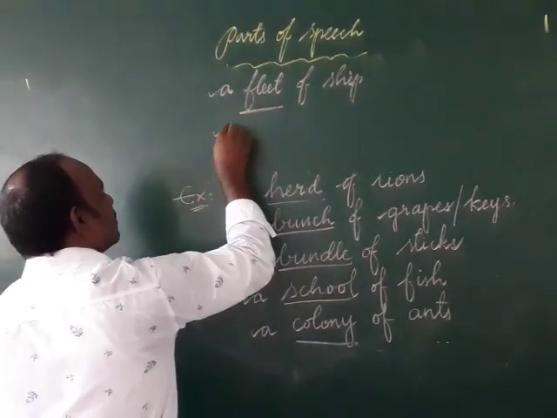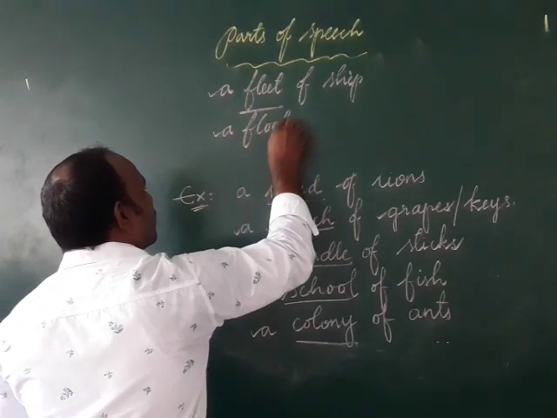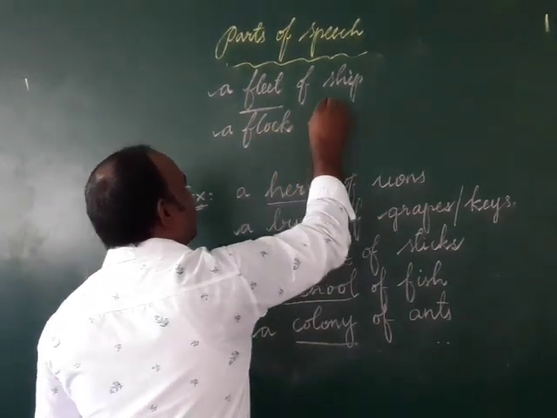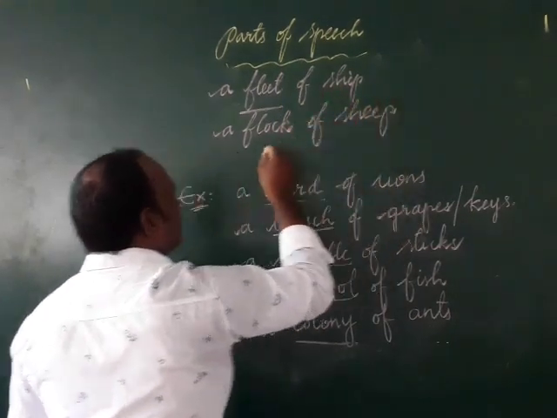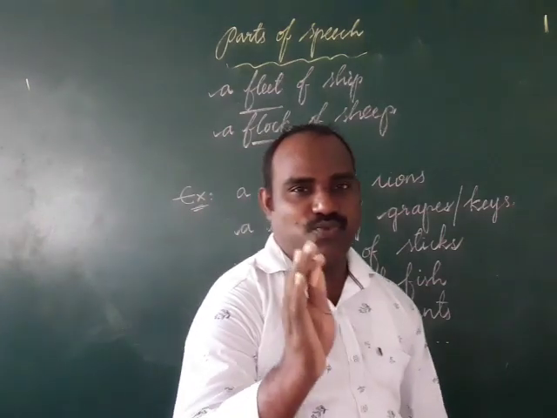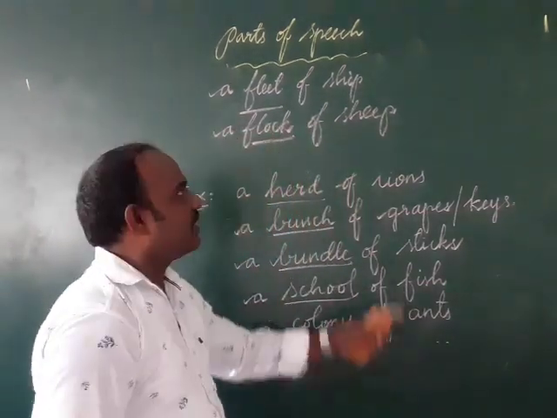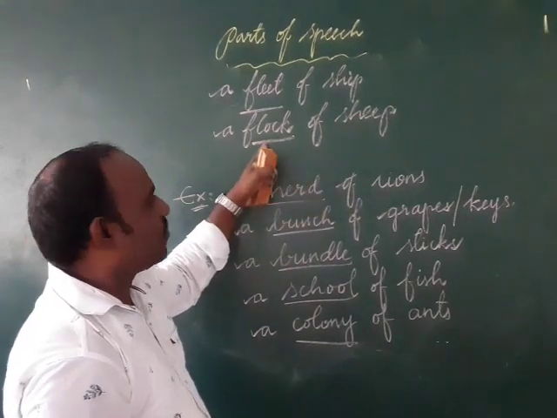Fleet, a group of ships. A flock of sheep. A group of ships together is called a fleet, many ships. A group of sheep is called a flock.